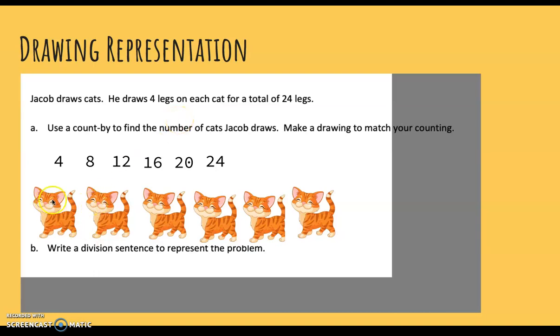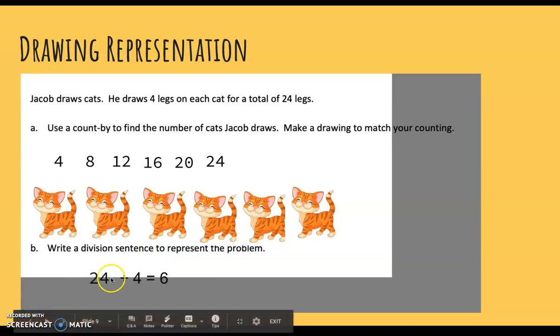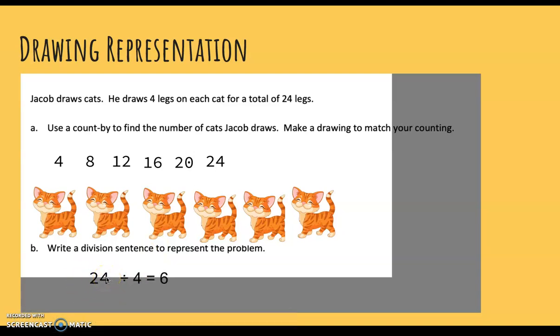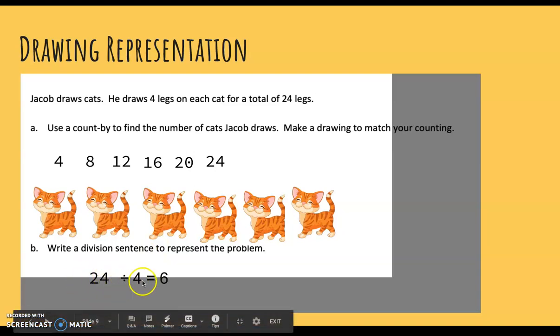And then we figure out that there are 6 cats. And let's write this in a division sentence. 24, which is the total number of legs, divided by 4 legs, and we have 6 cats.